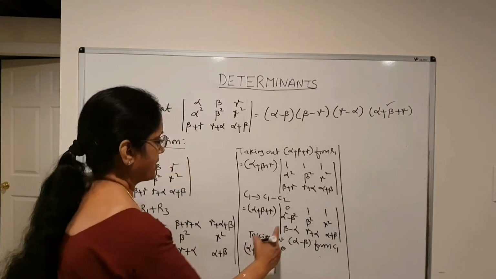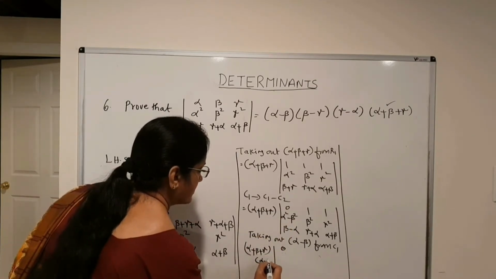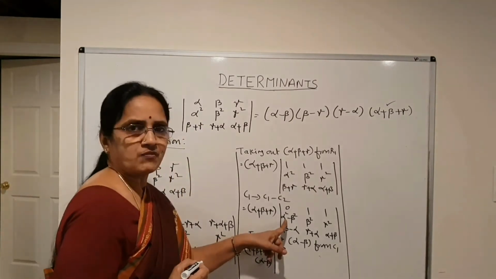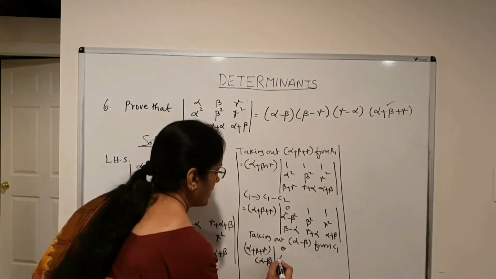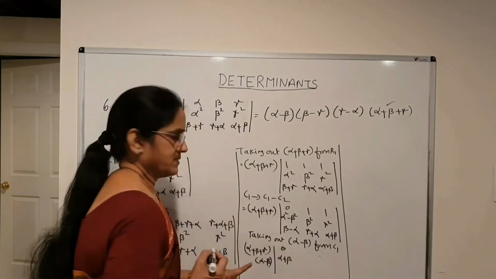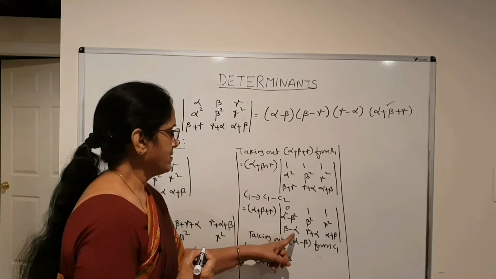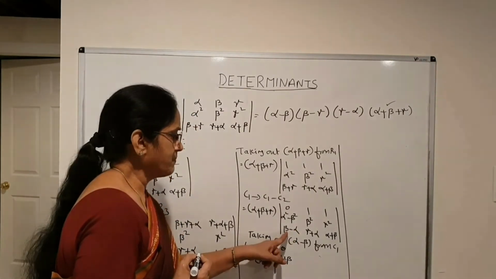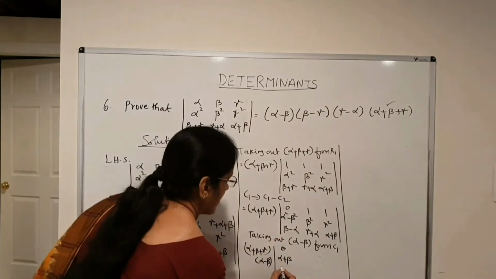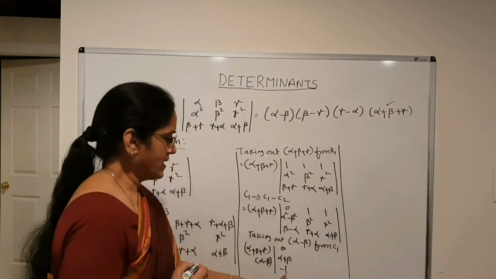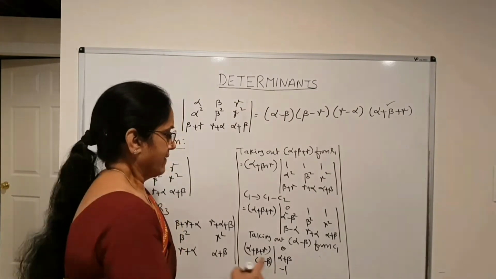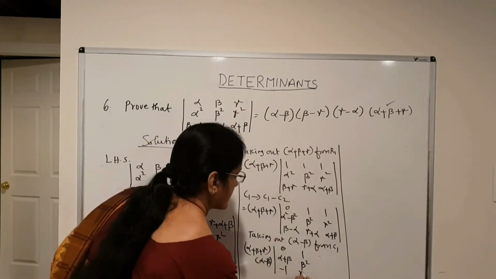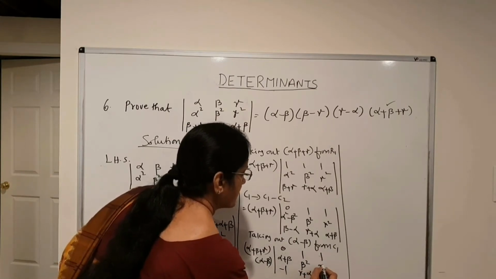If I take out alpha minus beta, I will be left with only alpha plus beta. Then, here what will happen? I am taking out alpha minus beta, but I am having beta minus alpha. That means I have here minus 1, not plus 1. Then the second column will remain the same. The third column also will remain the same.